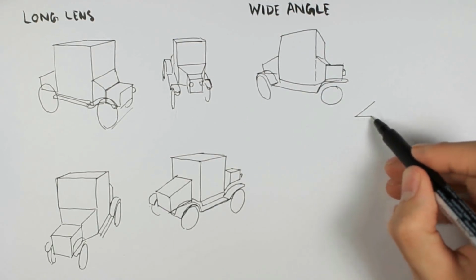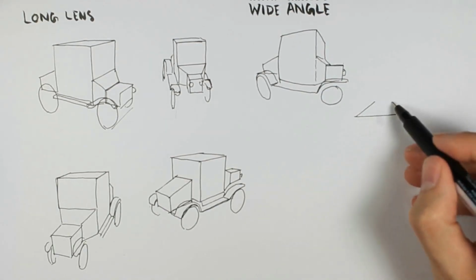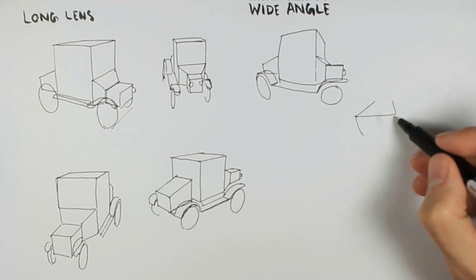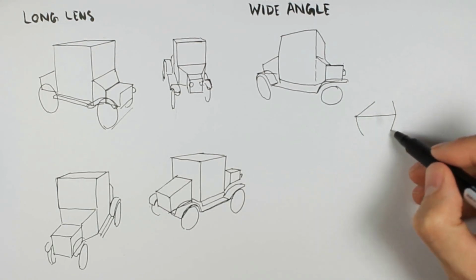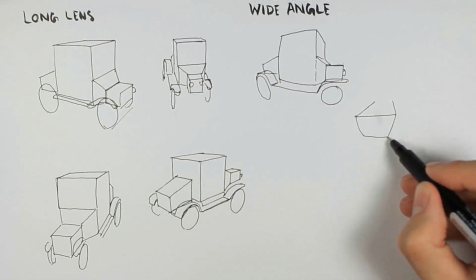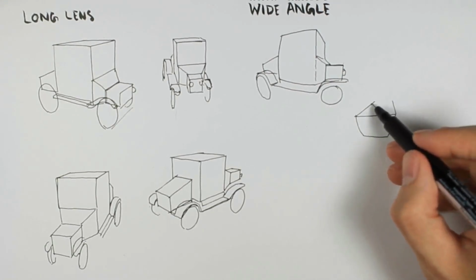Again, my vertical line's really curved. Since the vertical vanishing points are in between these two lines, the one on the left curves outwards to the left, and the one on the right curves outwards to the right.